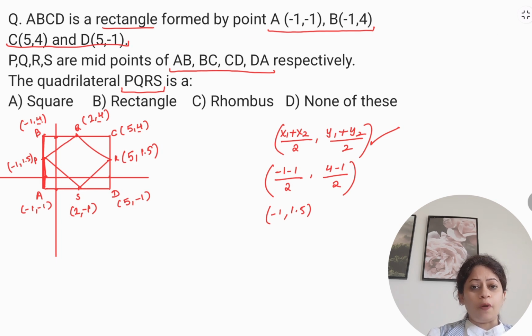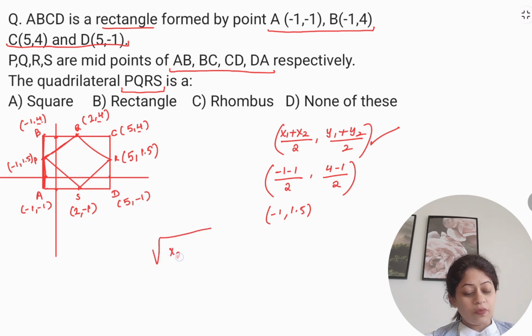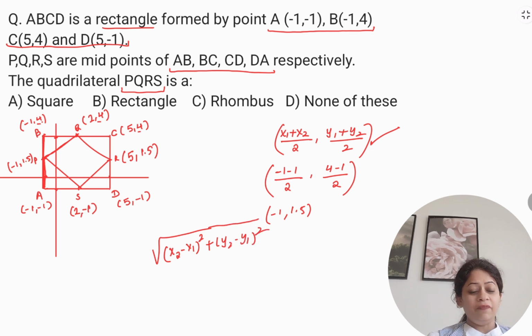Now we have two options. Either we can apply the distance formula, square root of (x2 minus x1) whole square plus (y2 minus y1) whole square, to find PQ, QR, RS, SP.